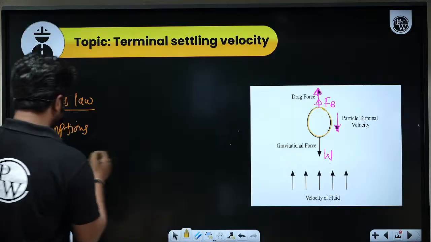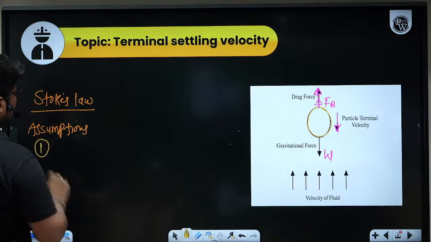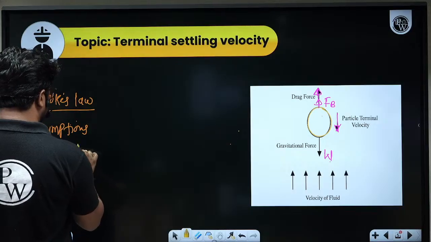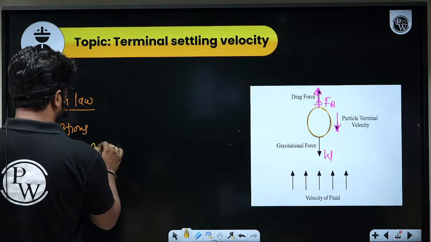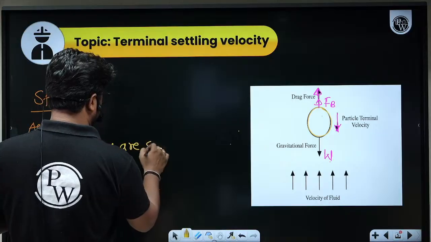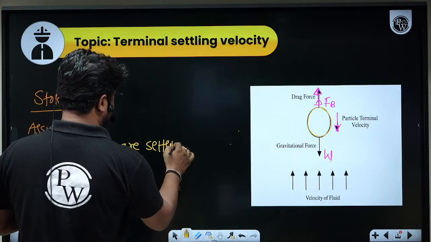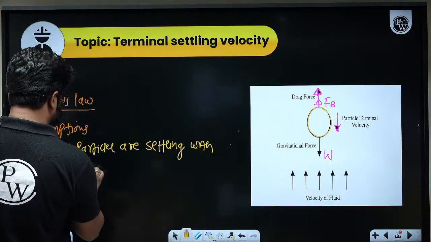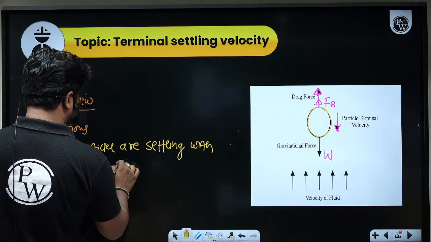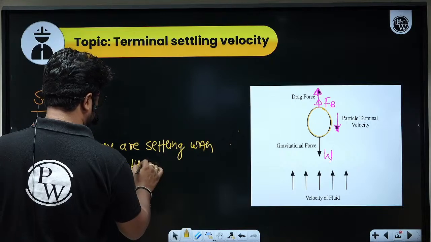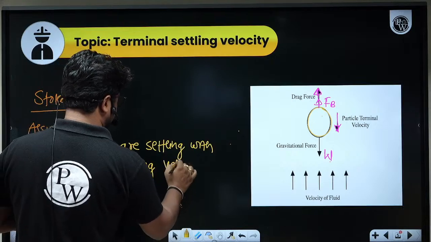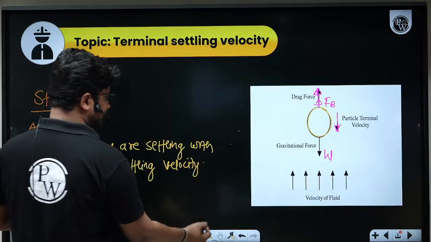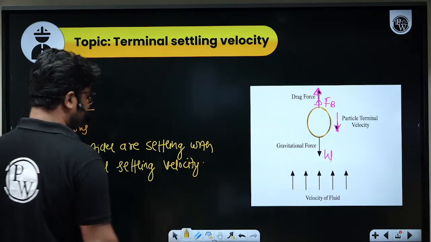The first assumption that Stokes has suggested is that all particles are settling with terminal settling velocity. All particles are settling with terminal settling velocity.